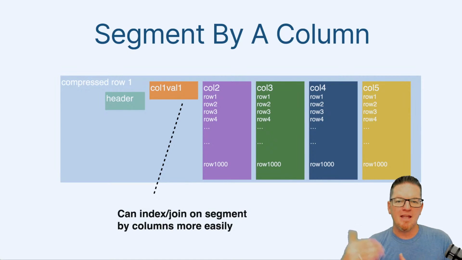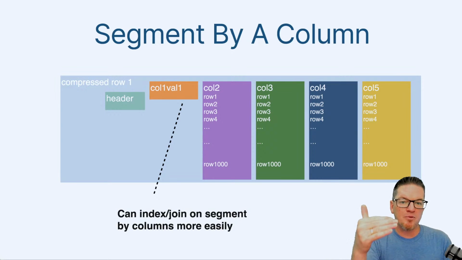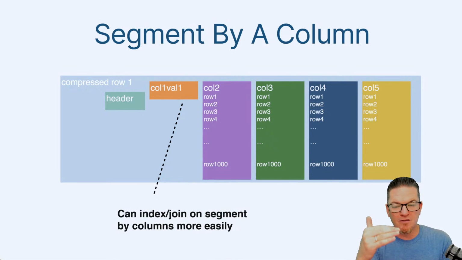And then sensor 2 would have 2 rows for 1,000 readings for sensor 2 and so forth. That's what segment by does, and the reason we give that option is you can actually do indexes. We can create indexes on those segment by columns. Now it can help or hinder your compression, right? If you segment by too many things, then you're not compressing by as many rows and values in each column.